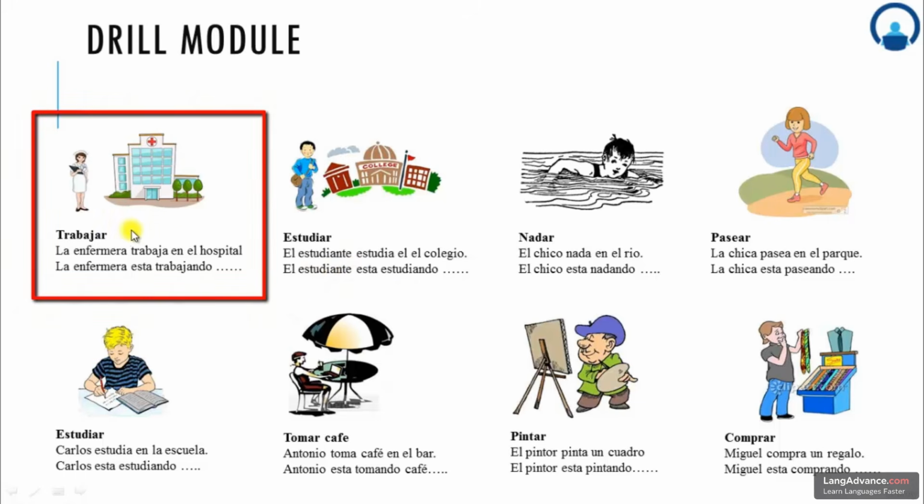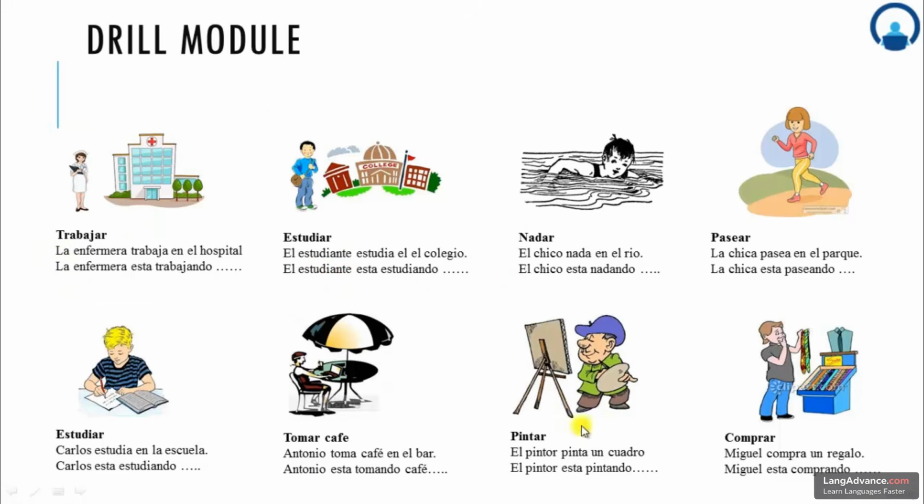The first verb is trabajar. All the first sentences are in the present tense and the second sentences of each example are the present continuous. So the first verb is trabajar, that means to work.